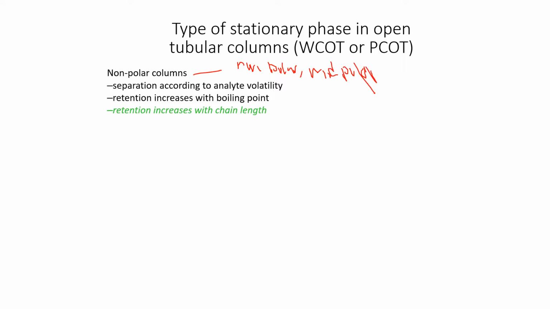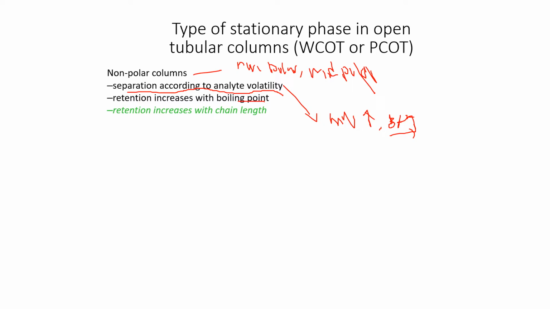The separation is according to analyte volatility, meaning that when your molecular weight increases, it is more non-polar, the volatility of course increases, the boiling point is higher, and therefore it will separate accordingly.